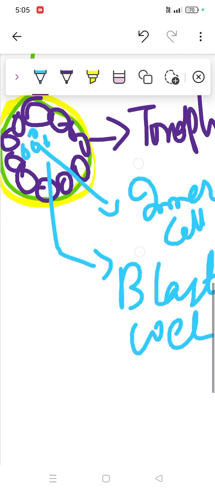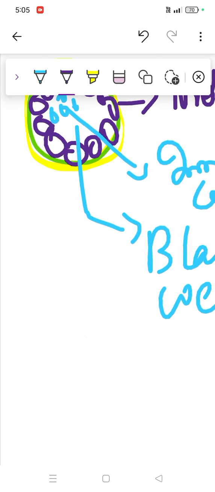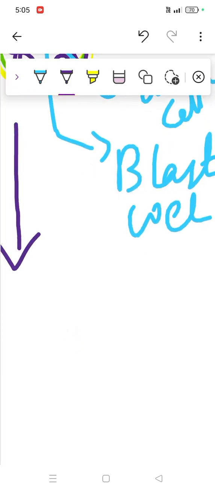So I'm sure it will be clear. Then comes another part. After this cavity, these cells will simply form another structure which will happen later on. That structure has a covering like this.